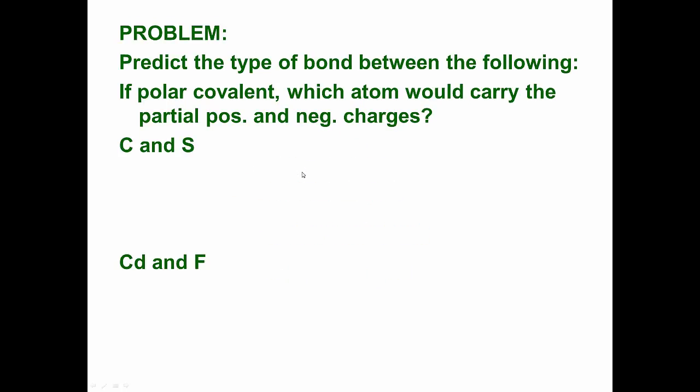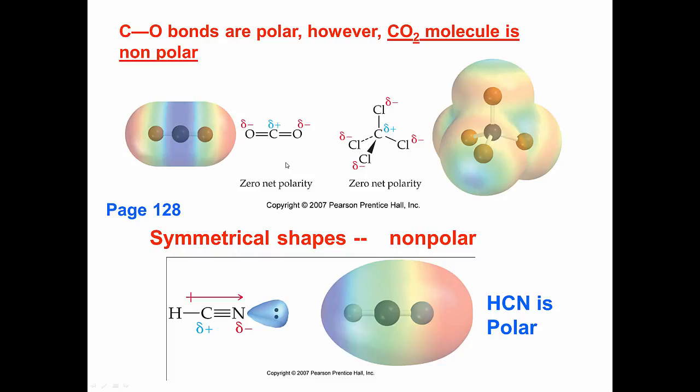And even though the bonds are polar, the molecule itself is nonpolar. Here's what I was talking about before. You have this tetrahedral molecule. We have polar bonds, but they cancel out. The molecule is nonpolar.